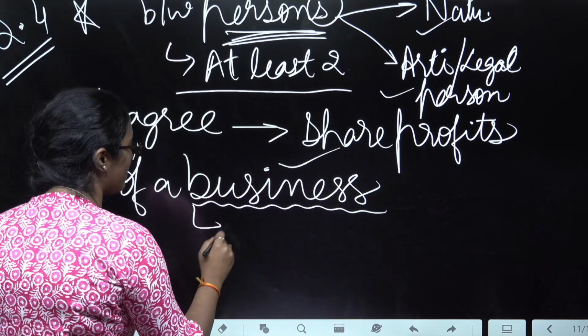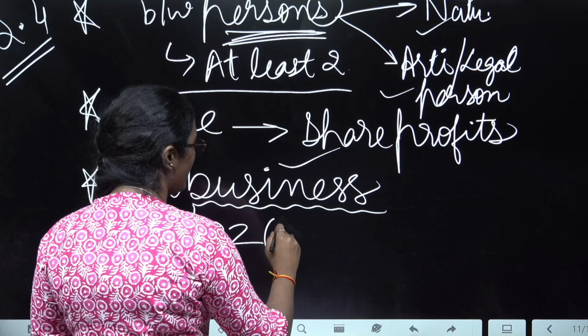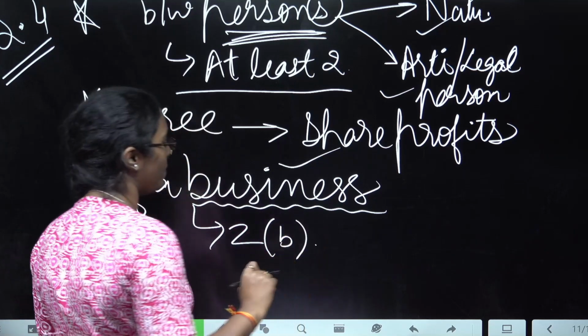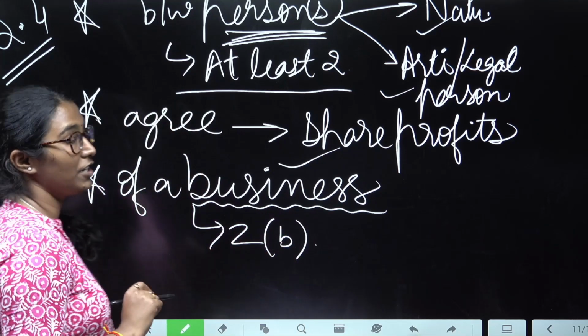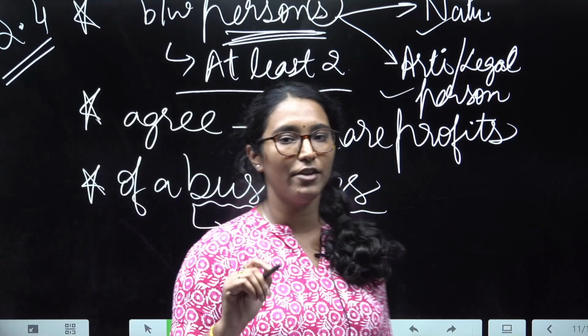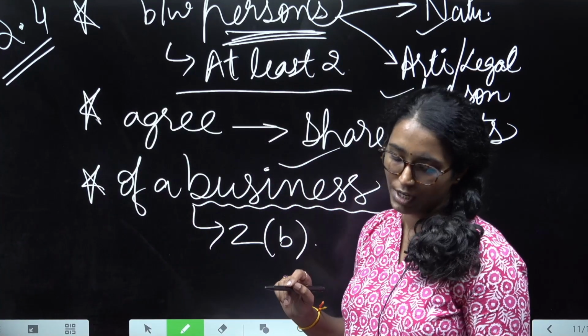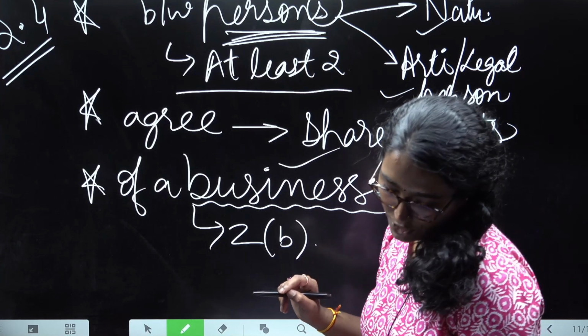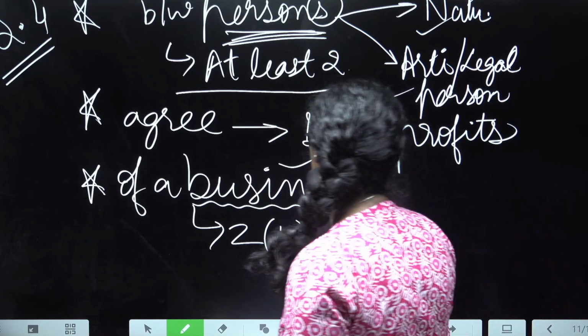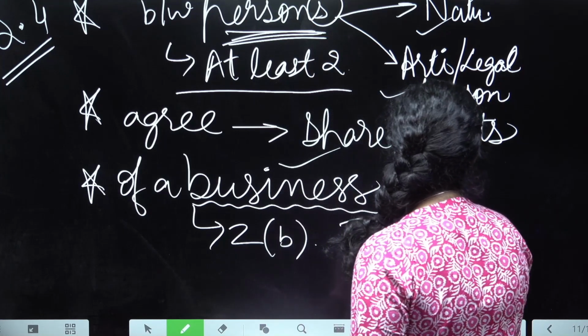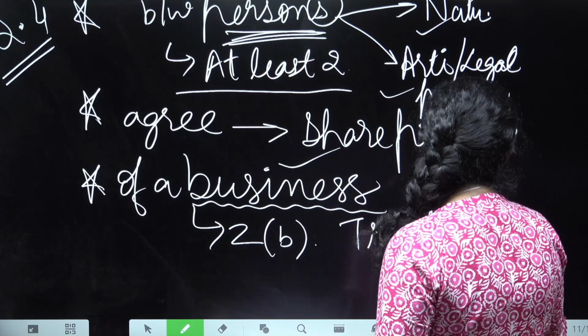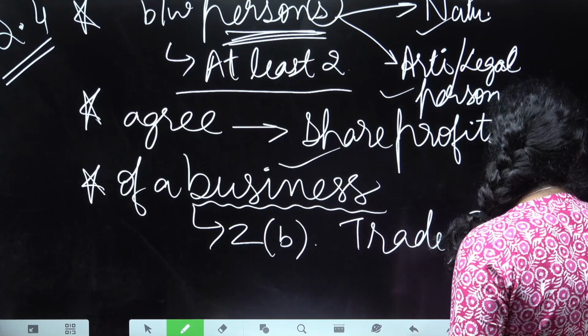A business is defined under 2B of the Partnership Act. 2B of the Partnership Act says that every trade, profession or occupation is a business.